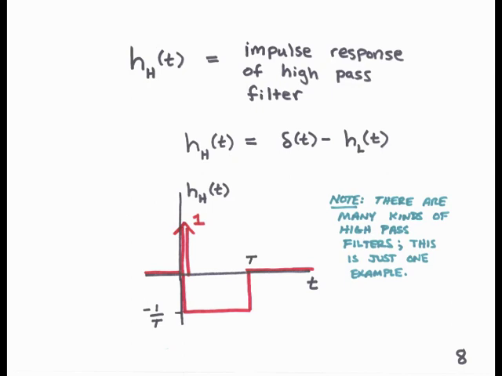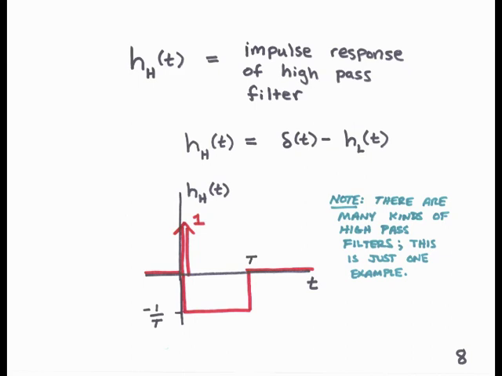So what does this impulse response look like? H sub h is delta of t minus h sub l of t. And h sub l of t was a pulse that was T wide and 1 over T high. So when we subtract that from delta of t, we find the following graph for h sub h, the impulse response of the high-pass filter.